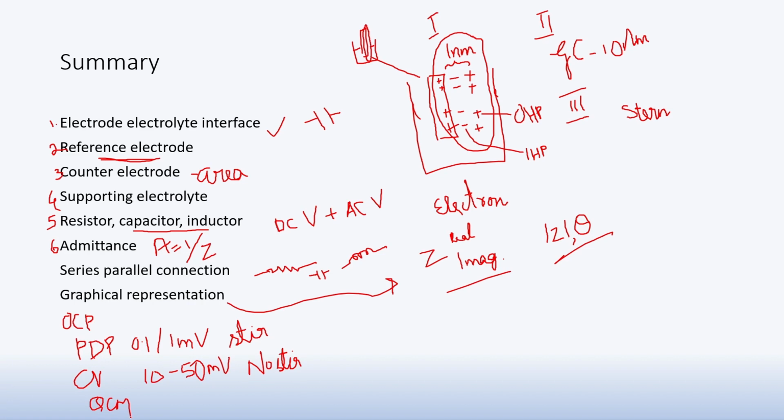Any mass change during the reaction can be understood by this technique. When a reaction is happening, how the mass is changing at the electrode surface can be understood, and also the change in charge can be studied during the QCM method.